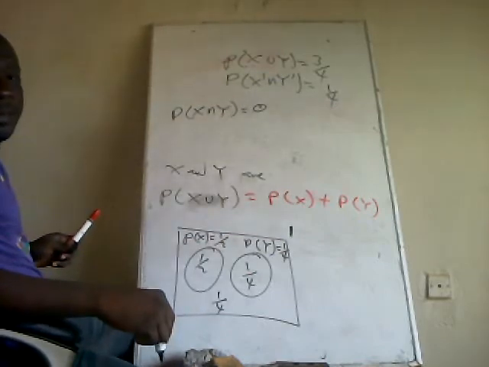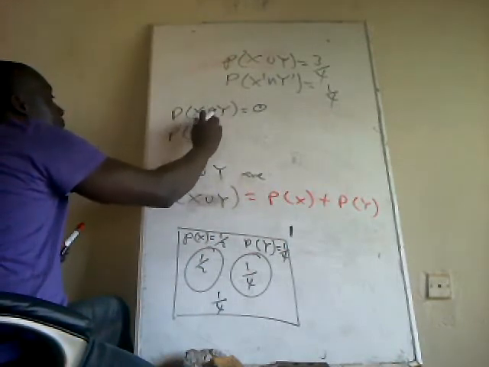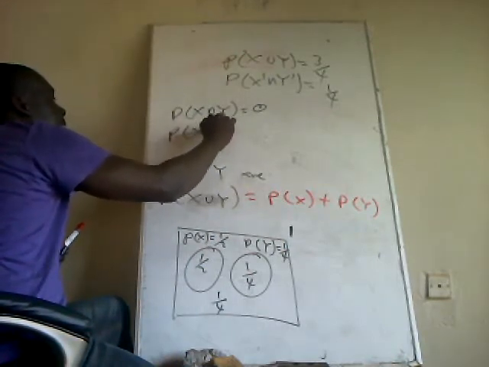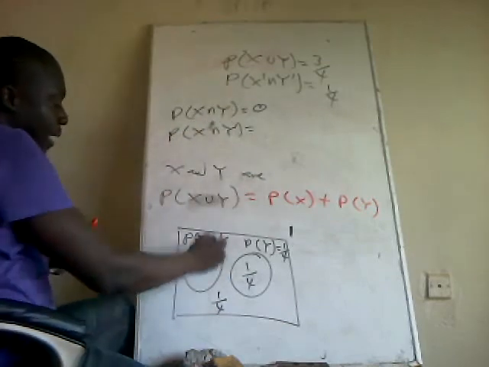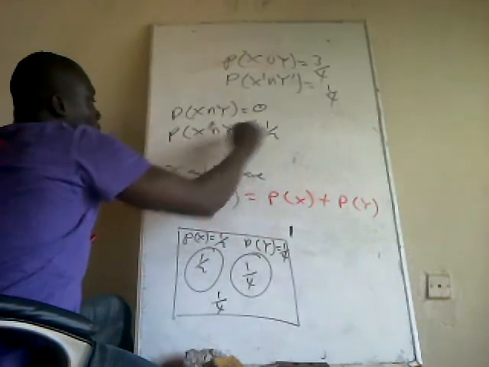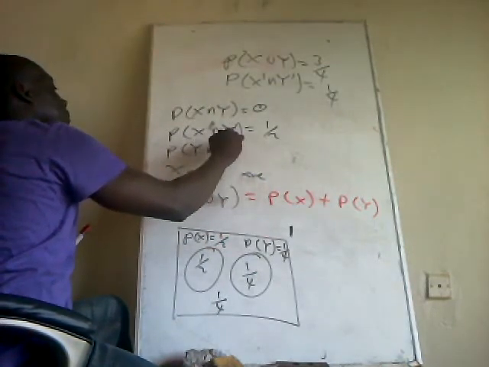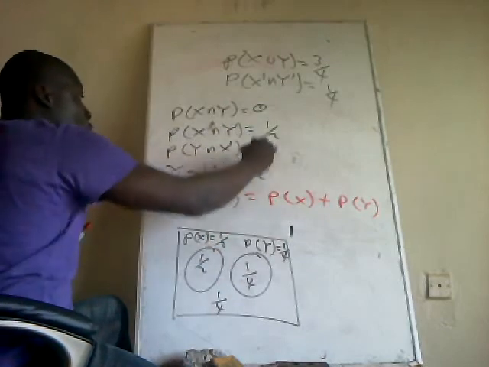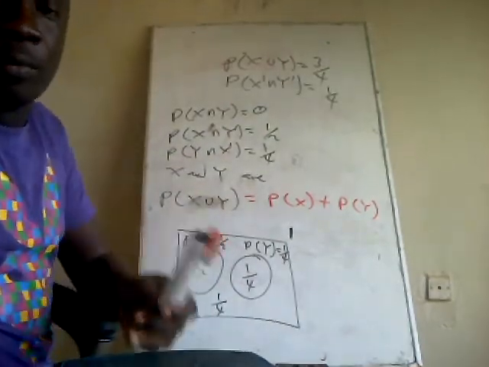It has no intersection. And the question says that we should find X only. That is X intersection Y prime, which is X only. And X only is still 1 over 2. And Y only is also 1 over 4.